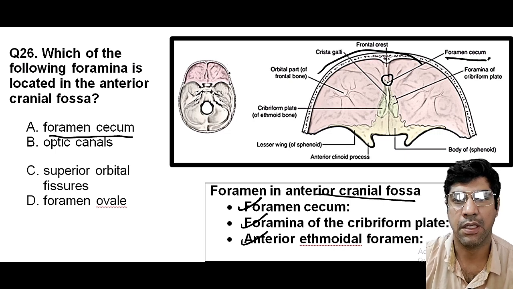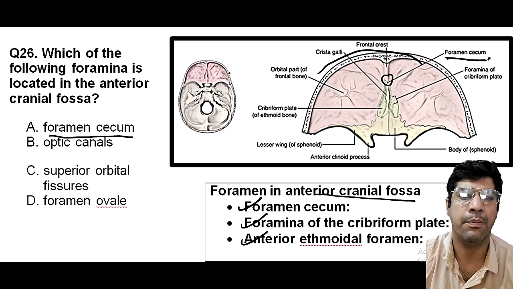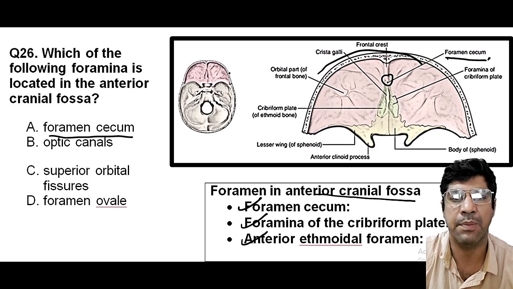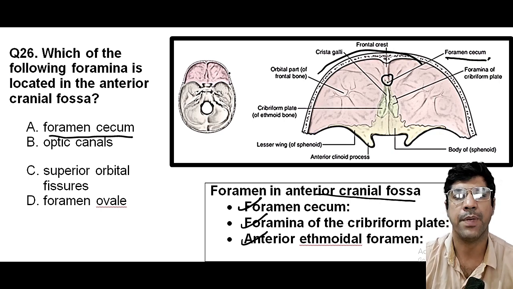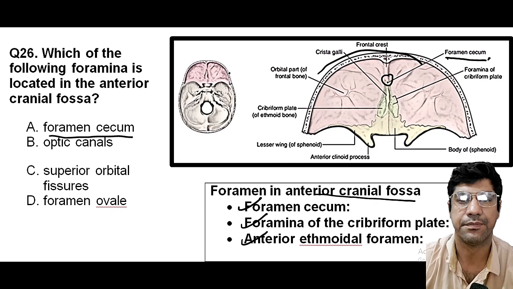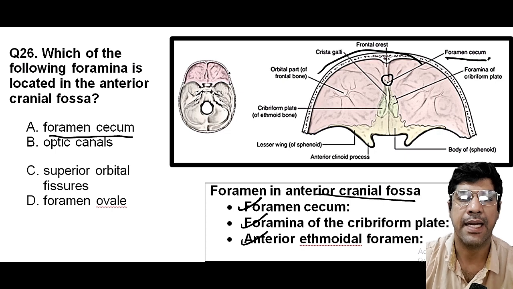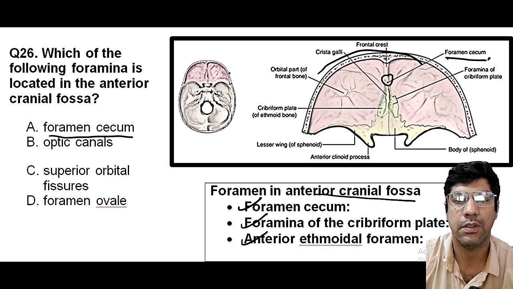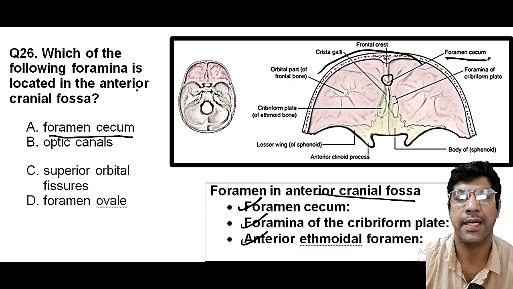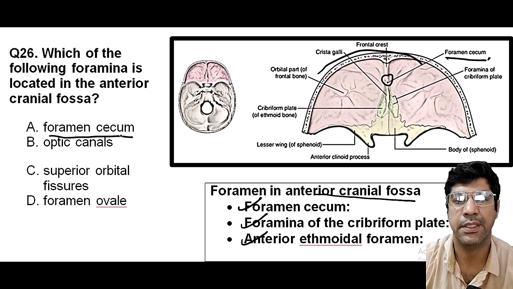These foramens allow important things like the nerves and the blood vessels to pass from the brain into the face, just like how windows let light and air into a room. So the foramen that is located in the anterior cranial fossa is the foramen cecum.